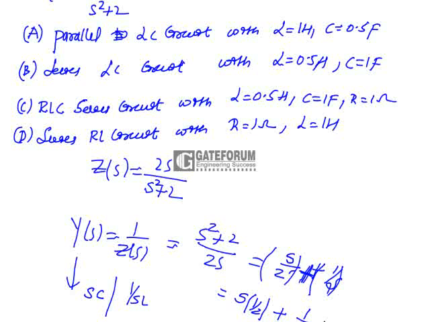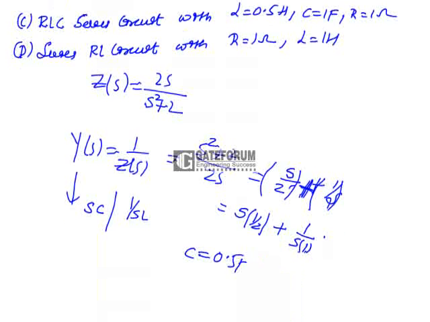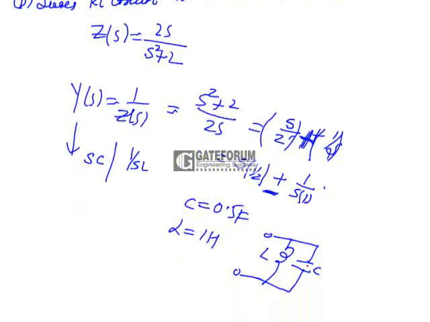So we have capacitance of 0.5 farad and inductance L equal to 1 Henry. How are these two connected? Since these two are added in admittance, they should be connected in parallel. So L and C are connected in parallel with C equal to 0.5 farad, L equal to 1 Henry. So option A is the correct answer.